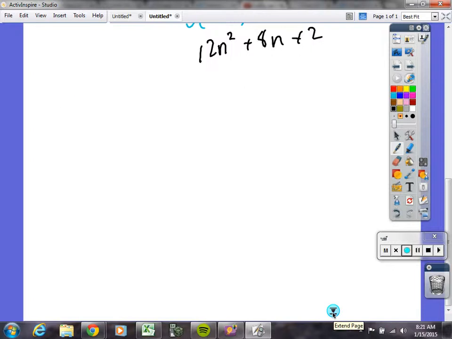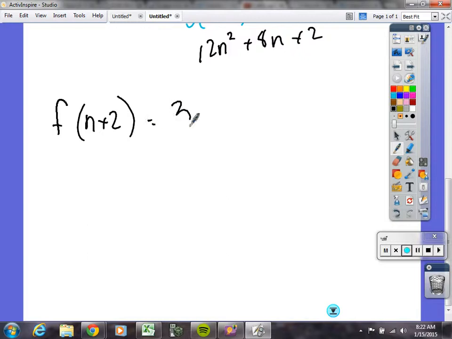Okay, here we're going to go ahead and do f of n plus 2. Taylor, what are we going to do here? Yep, you're right. For every time we see x, we put in n plus 2.